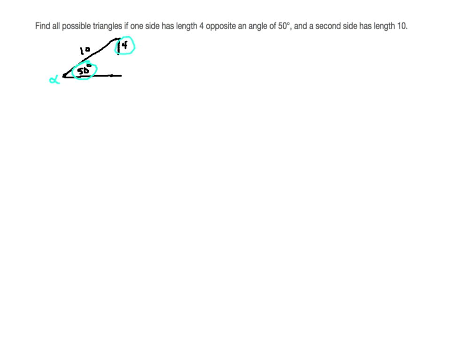We'll call this alpha, and we'll call that side A. So we can set up our law of sines to potentially give us this angle right here, if it exists. I mean, obviously it's not going to because I keep talking about it. So I'll show you how it doesn't work out.